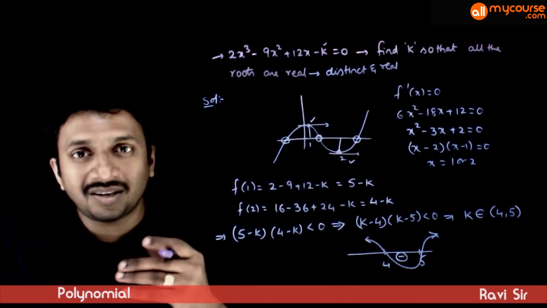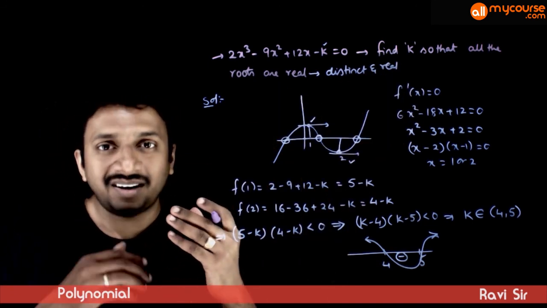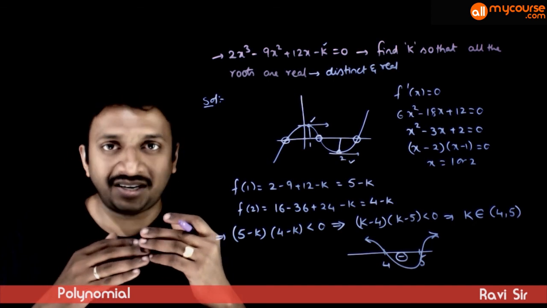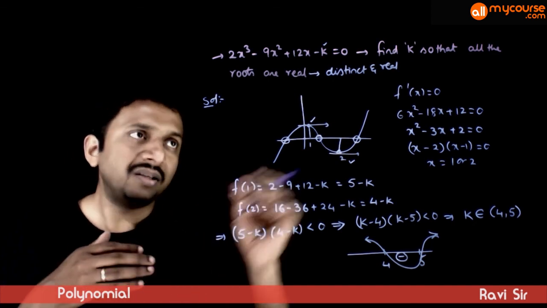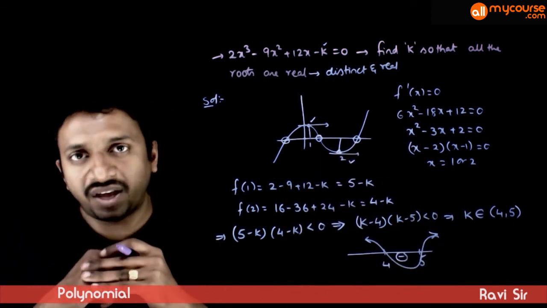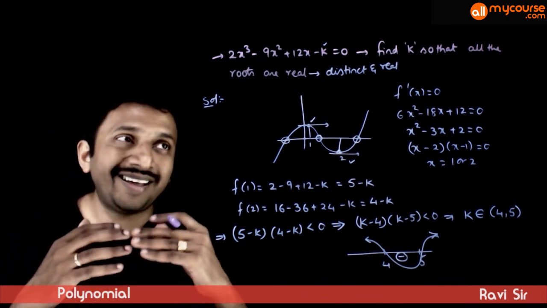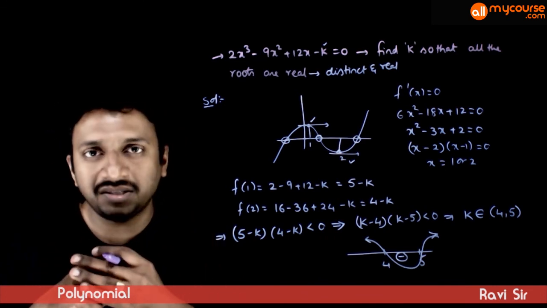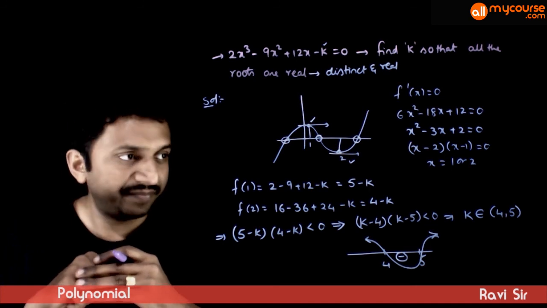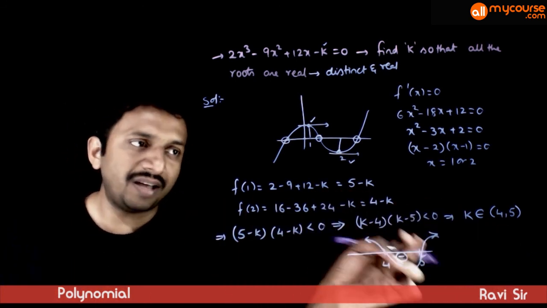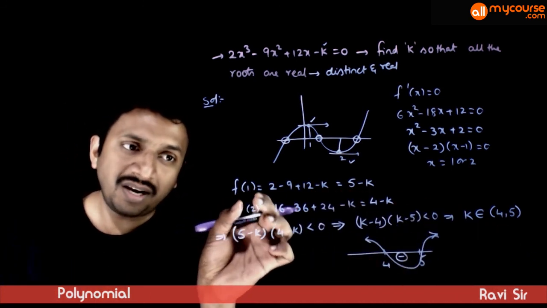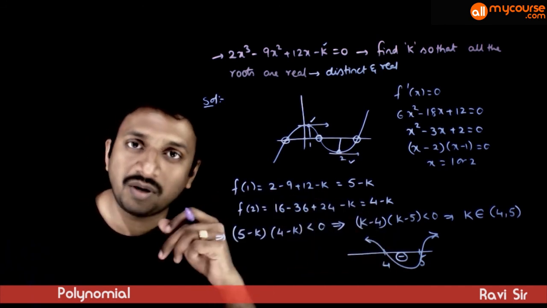So if you don't need the roots to be distinct, if you just want them to be real, you can consider closed 4 to 5 also. And if you want real and distinct, you have to consider open 4 to 5. If you consider closed 4 to 5, then f of 1 into f of 2 will be equal to 0.